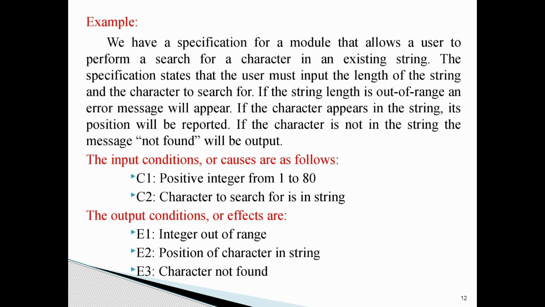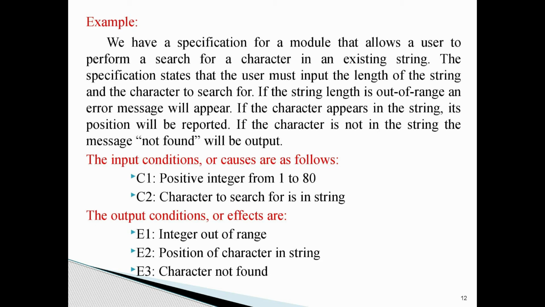Whenever you enter an integer out of range, we have an error called integer out of range. E2 is the position of the character in the string. Whenever the character is found, the position will be reported. The third one, E3, is character not found. Whenever the character is not in the string, the message 'not found' will be the output.